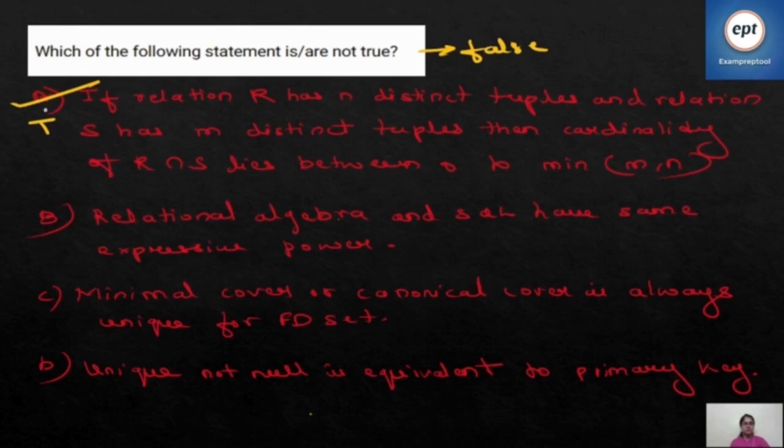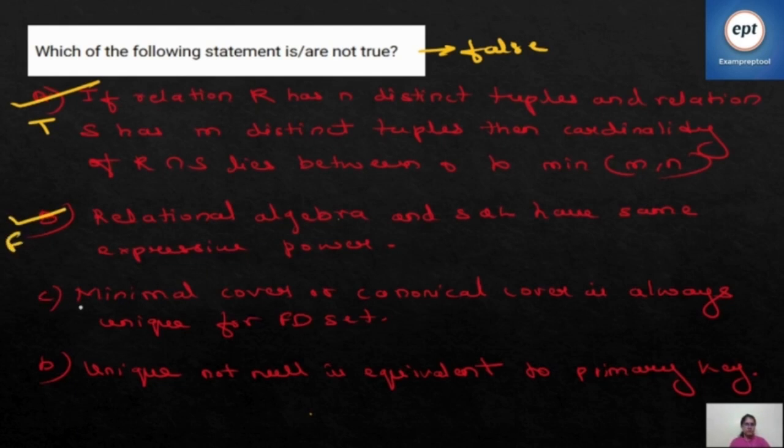In the question we have been asked for the false statement. So this is actually true, so this is a correct statement. Now let's check for B. Relational algebra and SQL have the same expressive power. So this is false, because sum and average etc. are not possible in relational algebra. So they don't have similar power, so this is false.